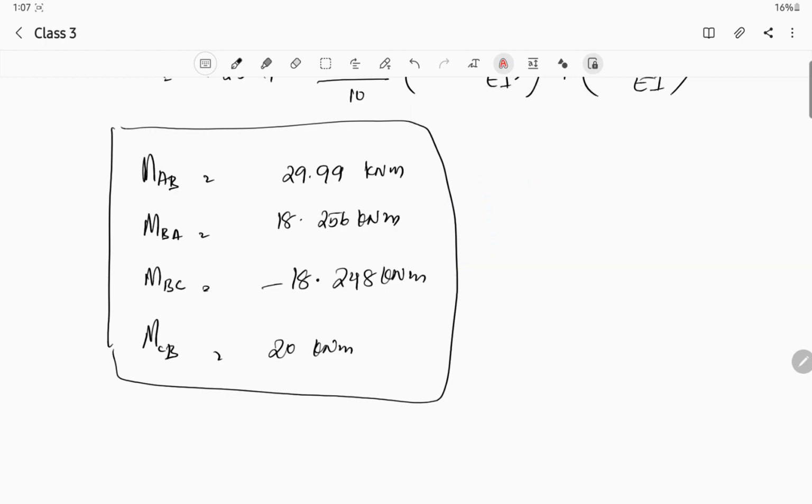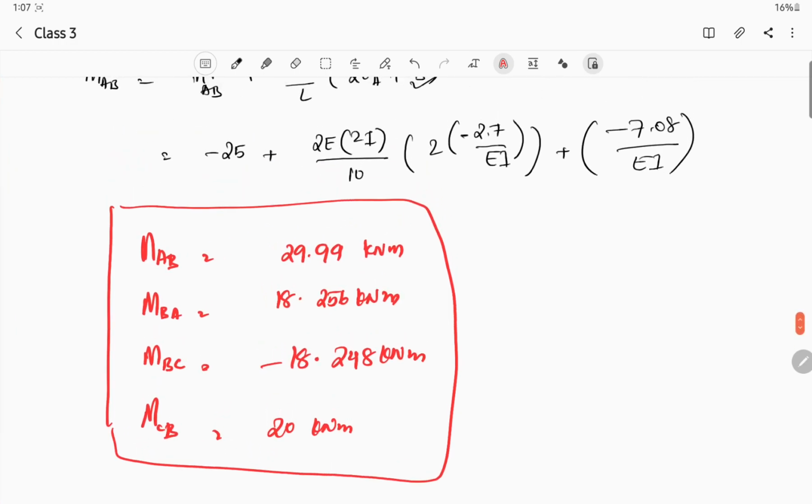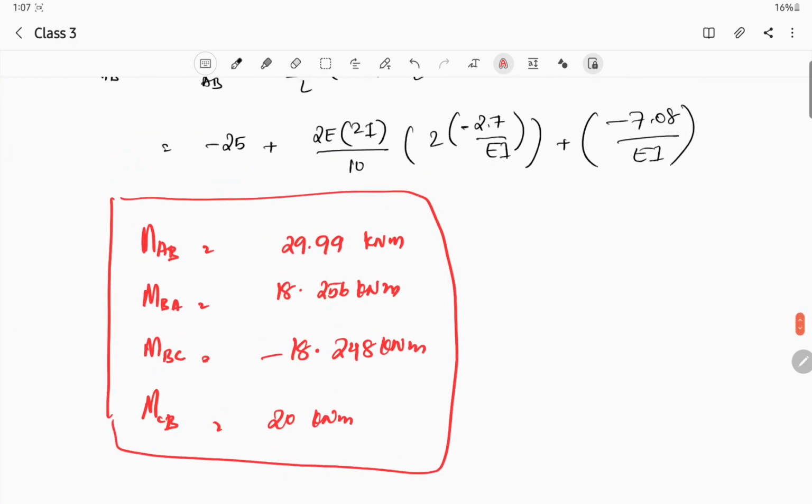Okay, so these are the values we got. So this is how we calculate each and every value. The very first thing is to find the stiffness matrix, then after that calculate the theta values, theta A, theta B and theta C, then after that calculate the values of final moments, that is MFAB, MAB, MBA.